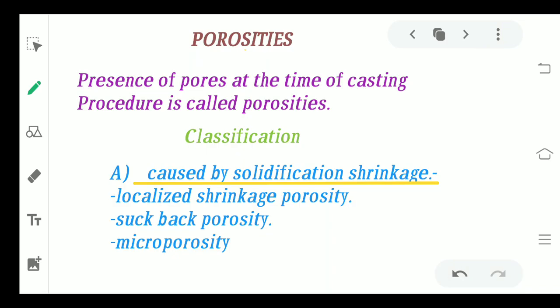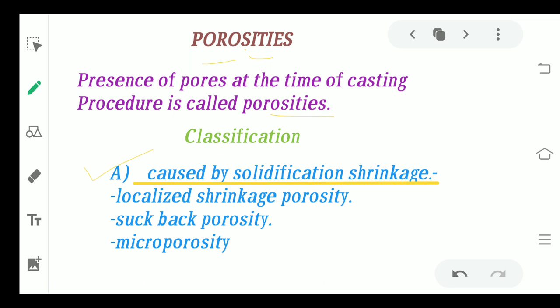Next is porosities. As the name suggests, porosities are pores or voids at different sites that form during the casting procedure. Now, you have to classify porosities on different bases. The first basis is solidification shrinkage.